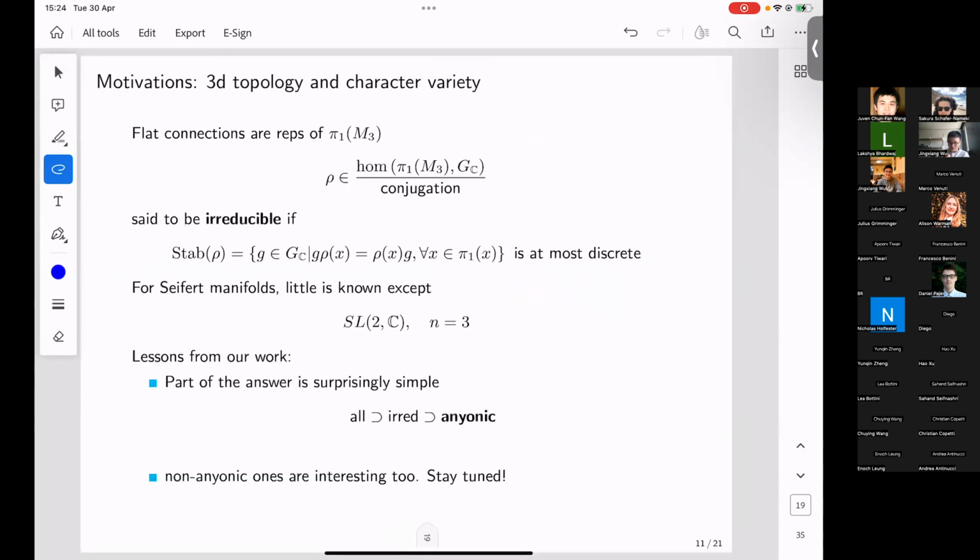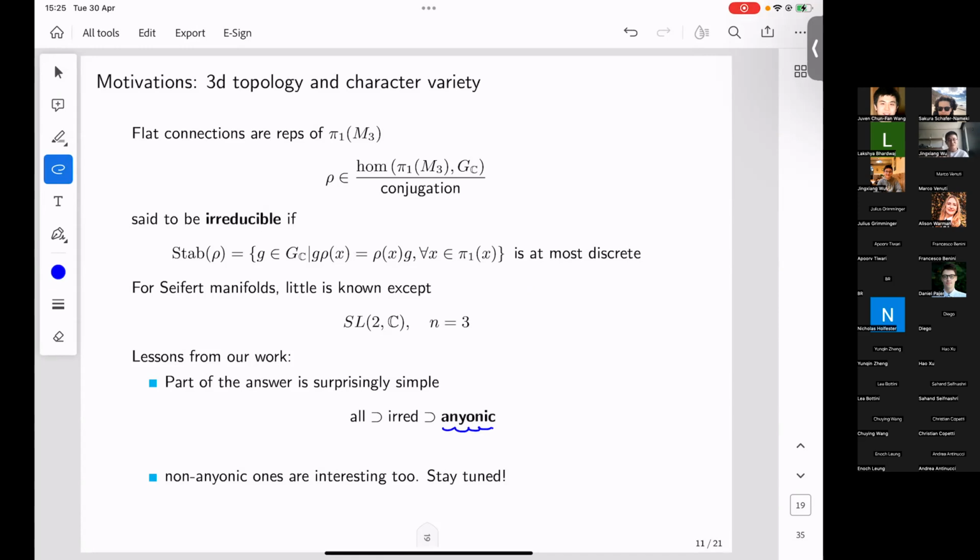So what we learned from our project is the following. Part of the answer to the question, what are the irreducible flat connections, is actually very simple. This part is what we call anionic flat connections. I will give you the detailed definition later. It's the part of the flat connections that maps to anions on the MTC side.